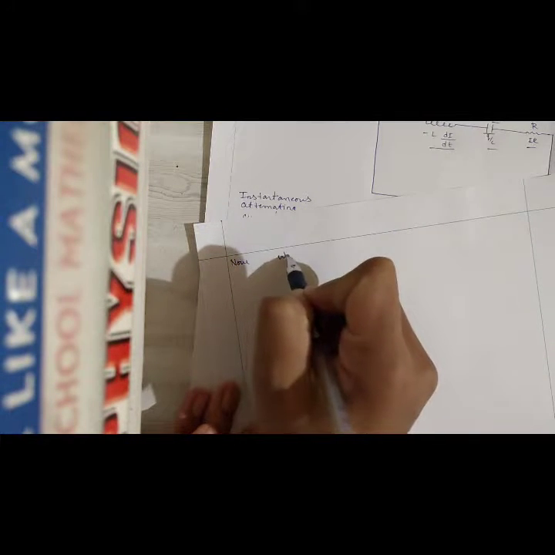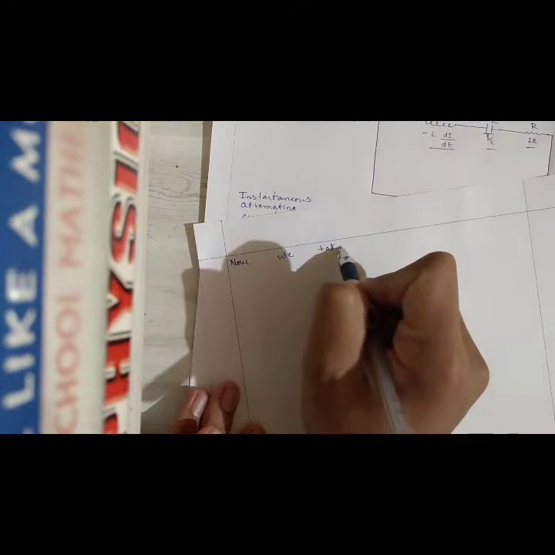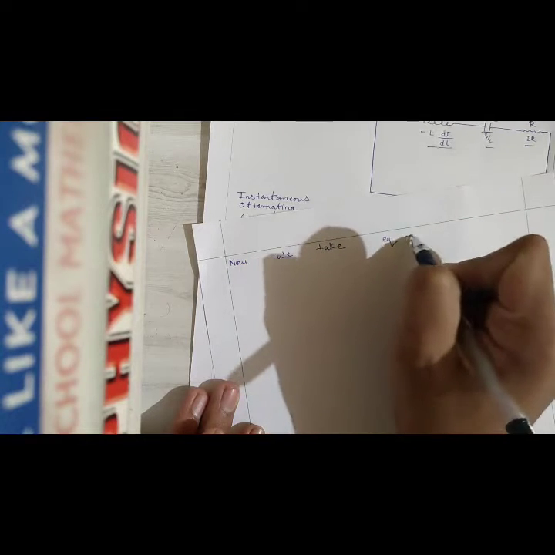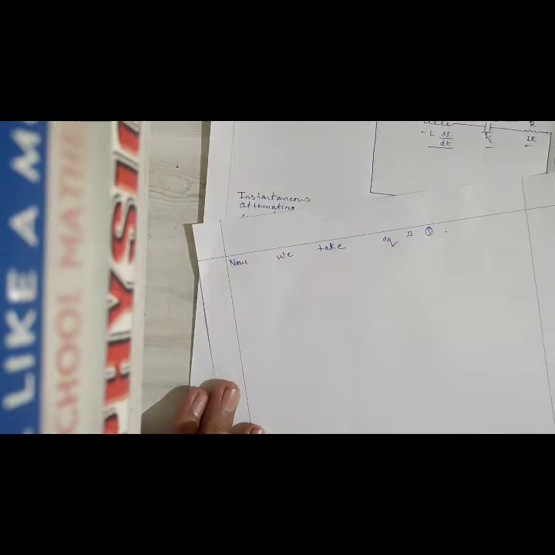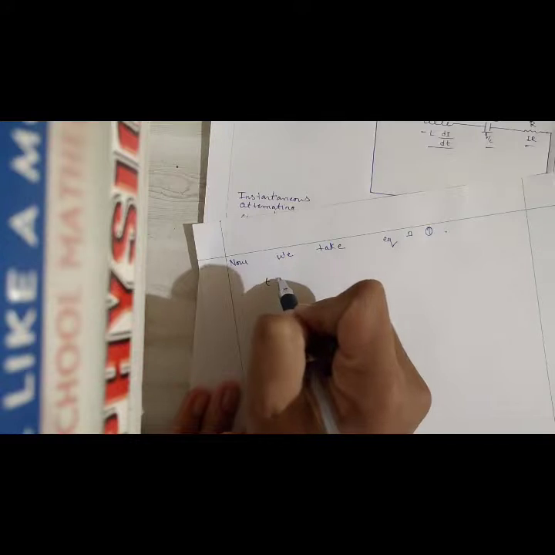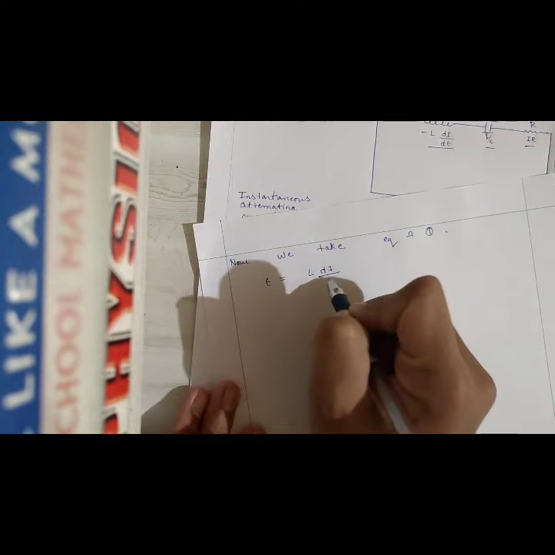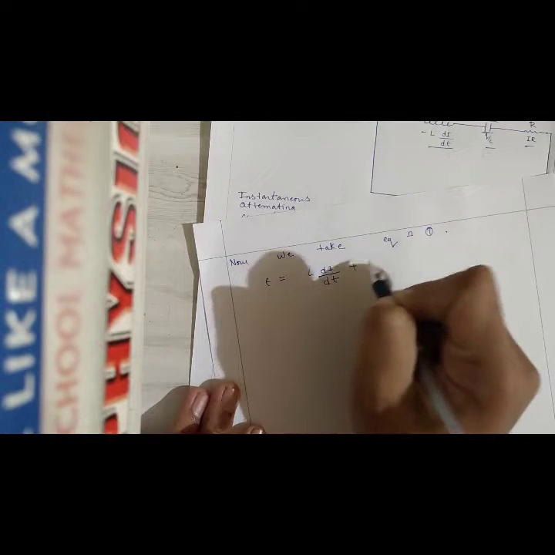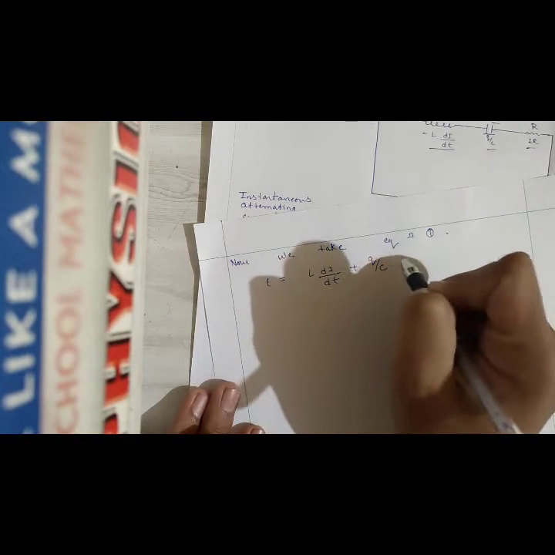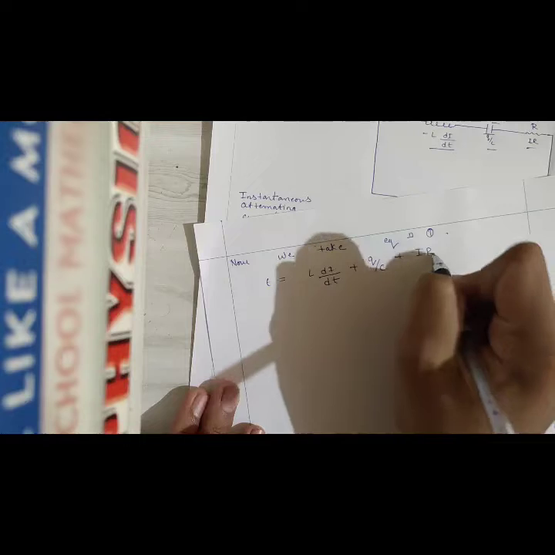Now we take equation number 1, that is E equals L di over dt plus q by c plus iR.